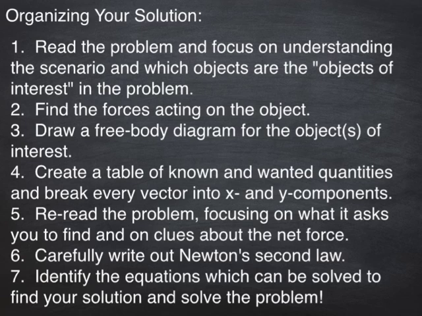Sixth, use what you know about the net force to write out Newton's second law carefully. You'll have a distinct Newton's second law for each axis of your coordinate system. Finally, as you've written out Newton's second law, it should become apparent which equations you're going to use to actually put in numbers and solve the problem.